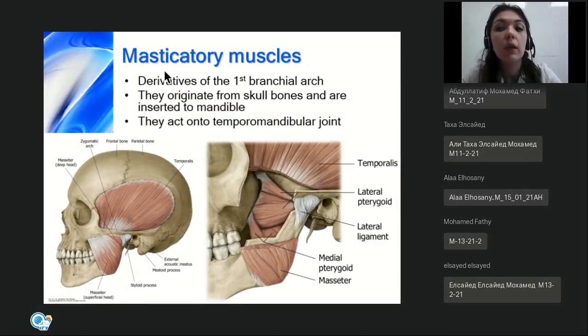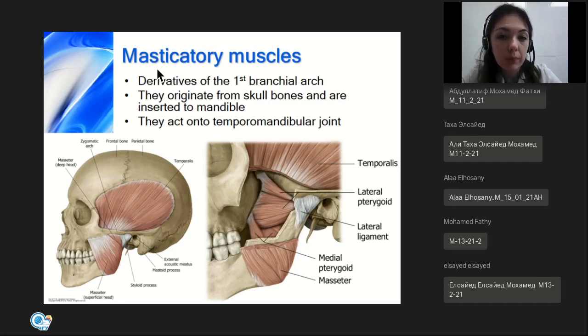Masticatory muscles are another group, and they are like skeletal muscles because they originate from the bone and are inserted into the bone also. These are derivatives of the first branchial arch, and they originate from skull bones, and all of them are inserted into the mandible. These muscles act onto the temporomandibular joint.